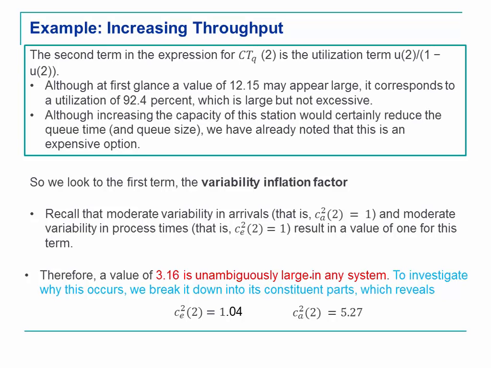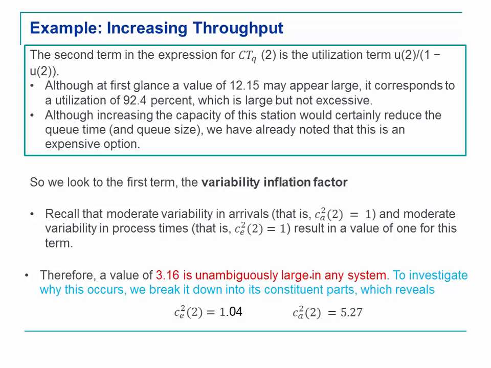Although increasing the capacity of this station will certainly reduce the queue time and queue size, we have already noted that this is an expensive option, because we will need to add another clean room for this facility.